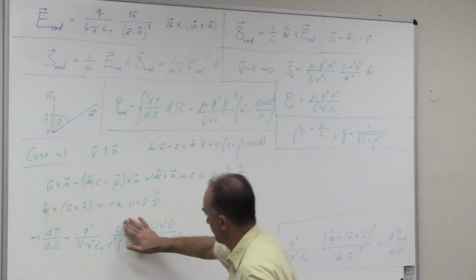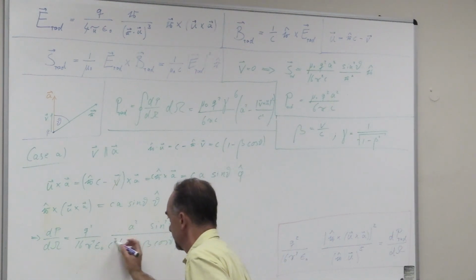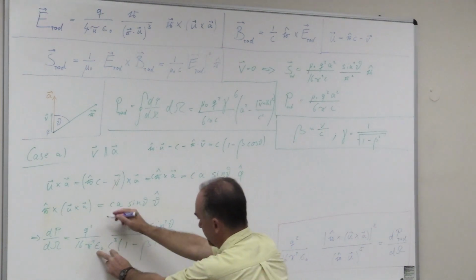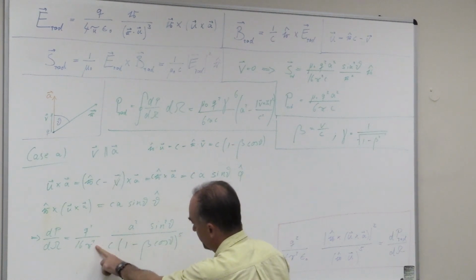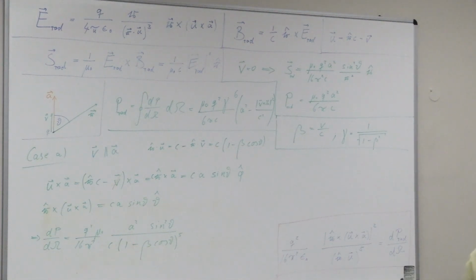Okay, epsilon naught c squared is 1 over mu naught, right? So get that out and put mu naught here, then we have our final result.